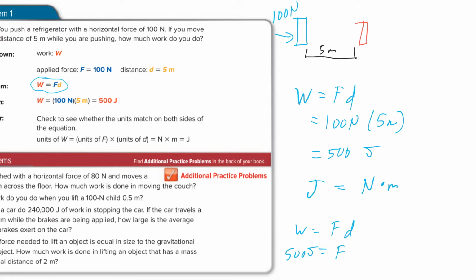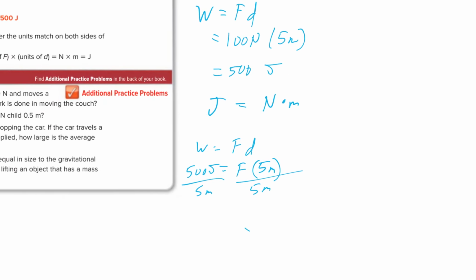You don't know what the force is, but you know the distance is 5 meters. Okay, so all you really have to do is divide both sides by 5 meters. And that would tell you then that 100 newtons is equal to your force.